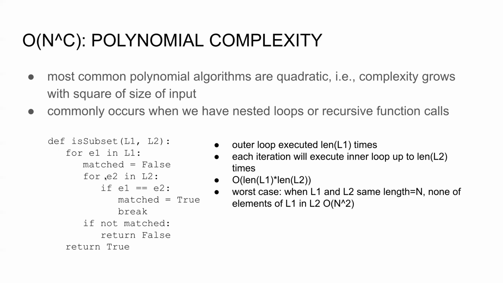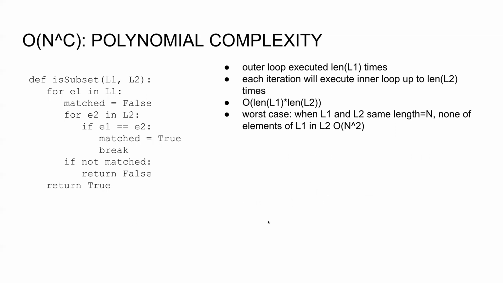So you have two nested for loops. Although you have an early break, overall it's still O of length of L1 times length of L2, because in the worst case, remember, L1 and L2 are the same length and none of the elements of L1 are in L2. That's n squared. All right, polynomial.